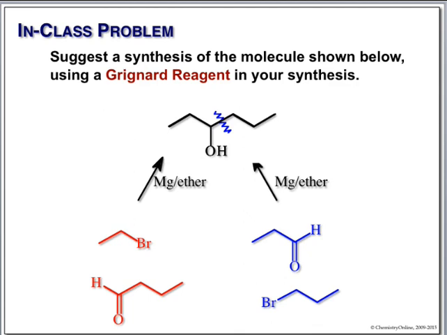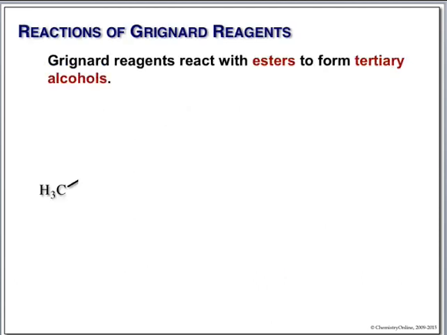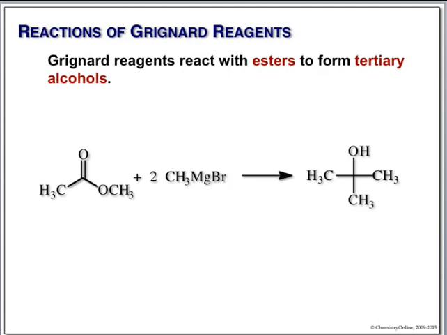All right. Remember, I also said that Grignards react with esters to give tertiary alcohols. Now, you need 2 moles of Grignard to do this. The ester synthesis is a little confusing, so you have to think about it.